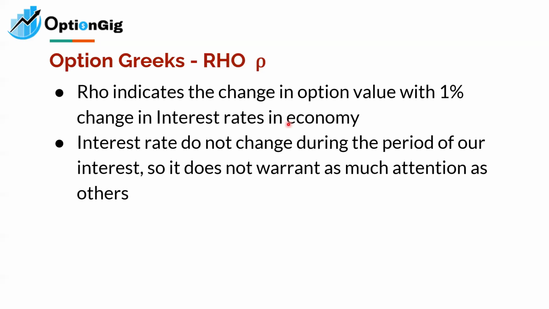For me, most of the trades are 30, 60, 65 days out. Interest rates do not change during this period. So that's why I don't pay too much attention to Rho. I don't think I've ever tried to figure out what the Rho of an option is. How will it change? I don't care. It doesn't have much impact on my portfolio.